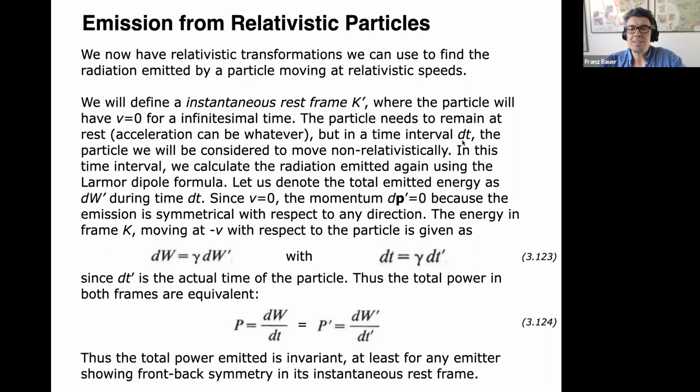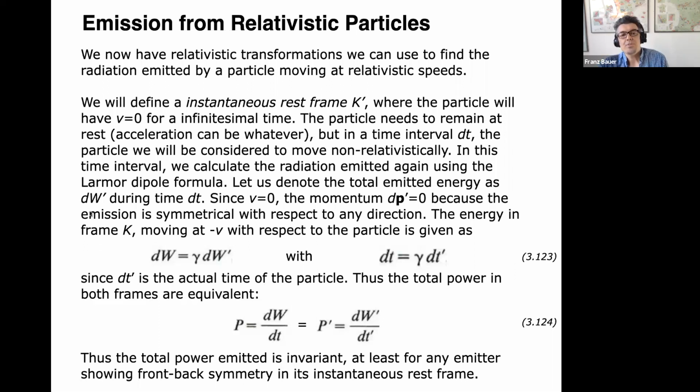We have a time interval over which this is happening, which is dt. If this is the case, the particle will be considered to move non-relativistically in its own frame. So in this small time interval, we calculate the radiation using the Larmor dipole formula.